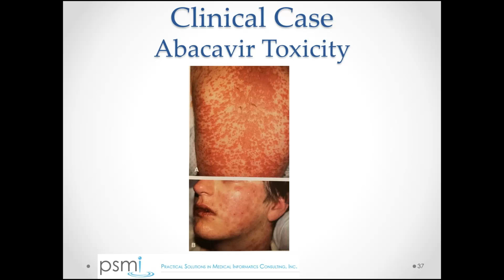So this guy was found to have the HLA-B 5701 allele. And so that kind of leads us into this notion of pharmacogenomics and drug-gene interactions. And I want to talk a little bit about this particular case, but I also want to digress a little bit and talk about pharmacogenomics at a high level.